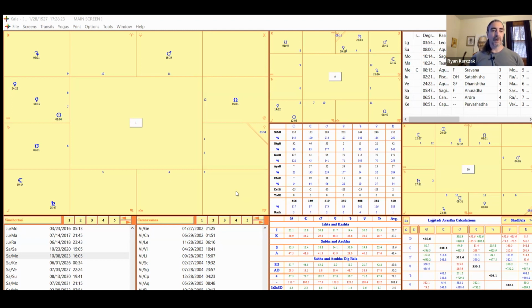If we want more information about the 10th house of career, of karmic impact on the world, of our relationship with authority figures, our capacity to be an authority, then we definitely will look at the 10th house, but we could also look at the 10th from the 10th house.